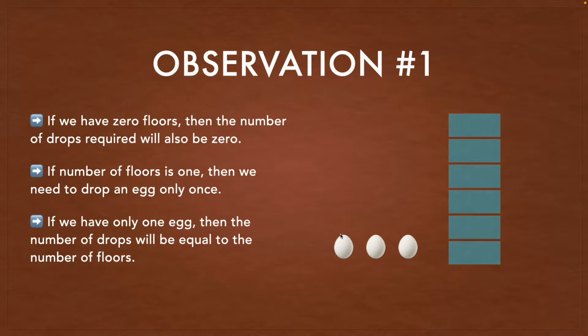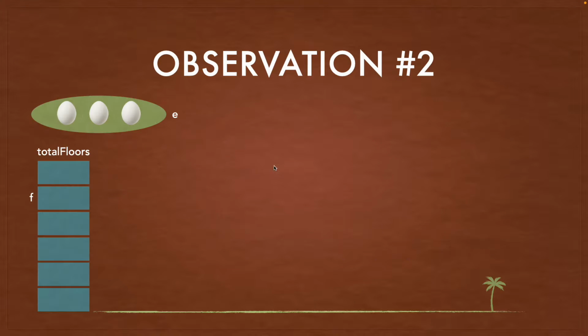I hope this is clear, because in this case 0, in this case 1, and in this case you're getting directly the number of floors. So this is going to be a base case of our dynamic programming.